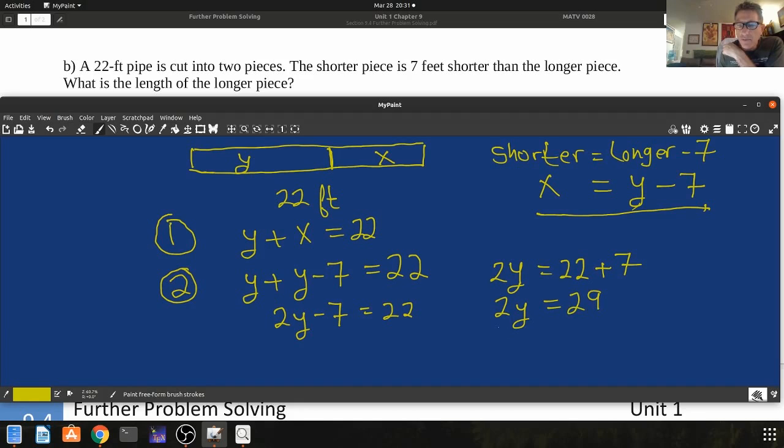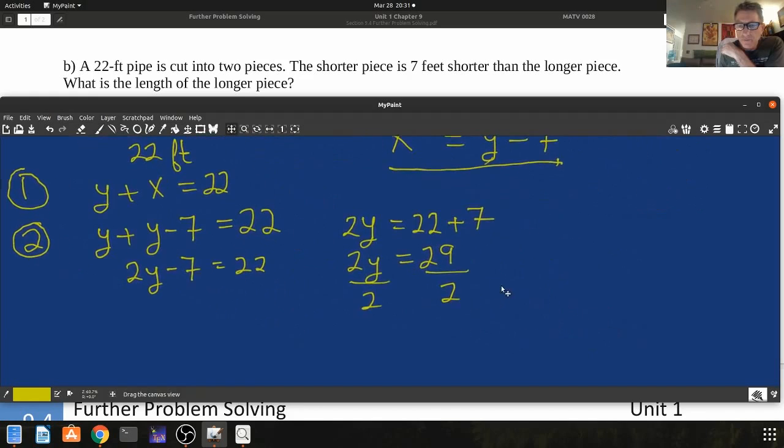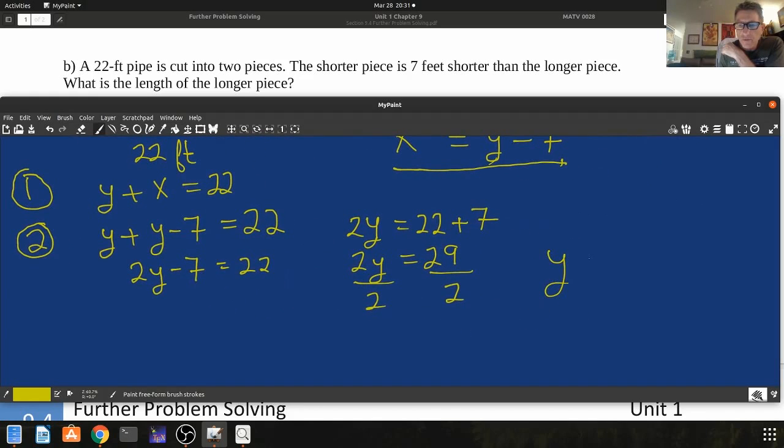So y, if I divide both sides by 2, that gives me y is equal to 29 divided by 2, which is equal to 14 1/2 feet.